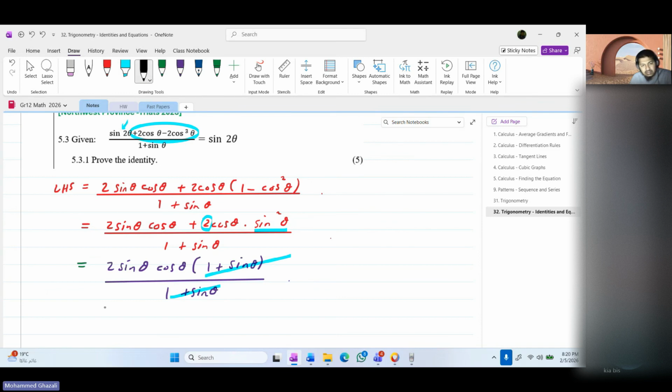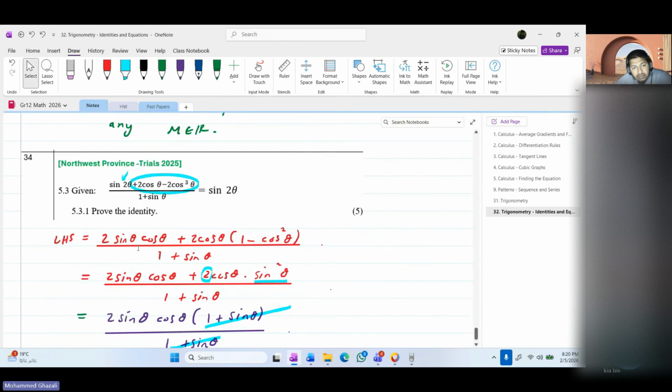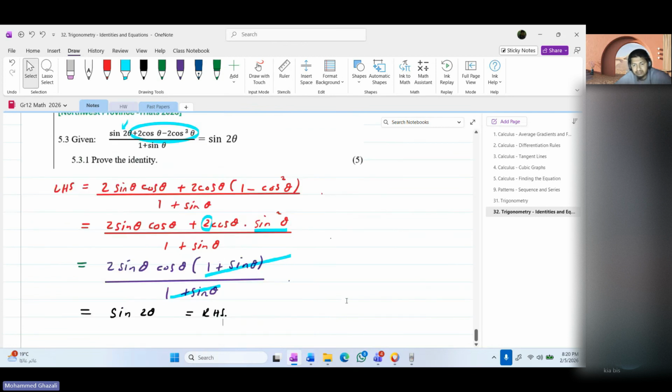And 2 sine theta cos theta is back to the double angle. Here's sine 2 theta, which is the RHS. Great. So we used this to factorize. You couldn't have just done anything over there in the last two terms. You had to use all 3 terms to simplify that. Right, so that was a nice question.